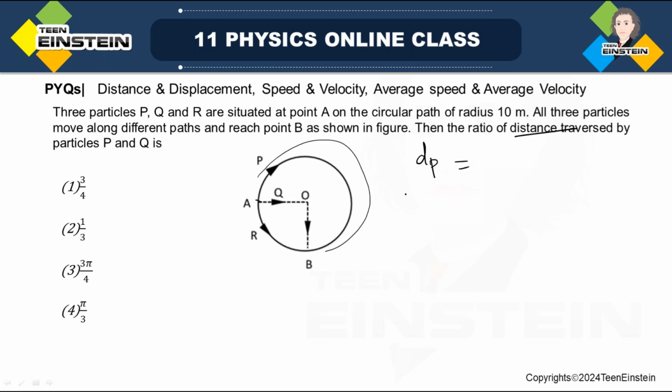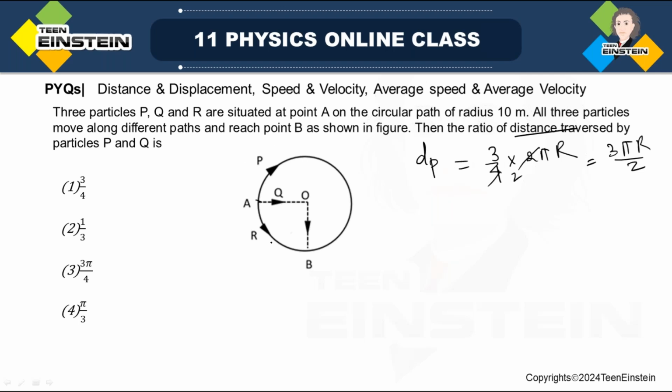It is 3/4 of the perimeter, which is 2 pi r. The two can cancel, so I can write 3 pi r by 2. This is the distance covered or traveled by P.